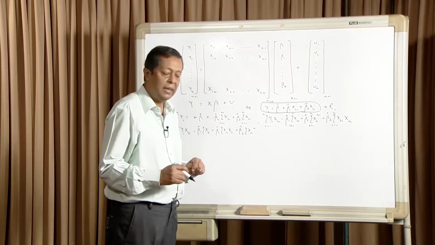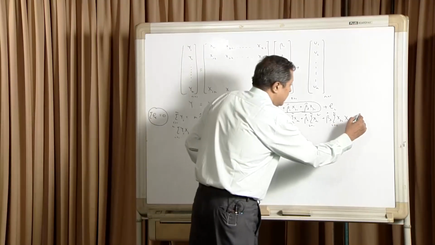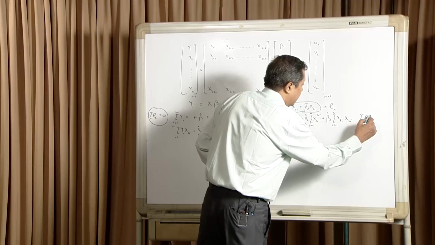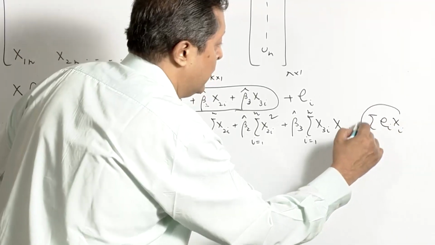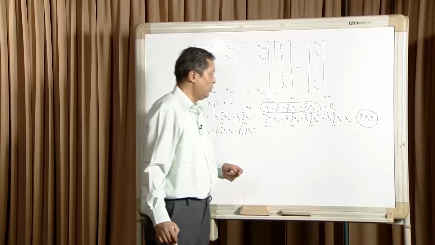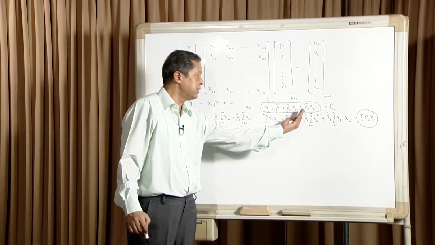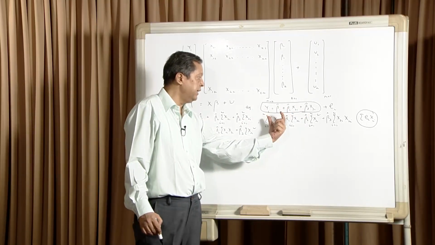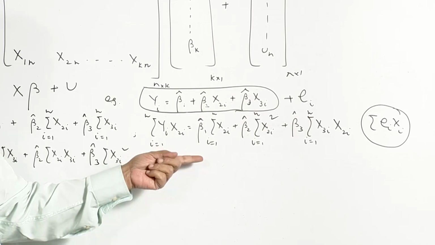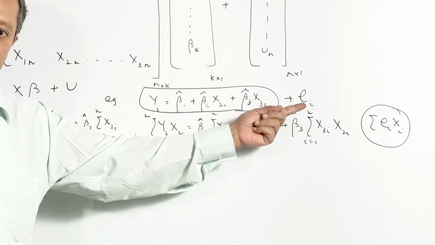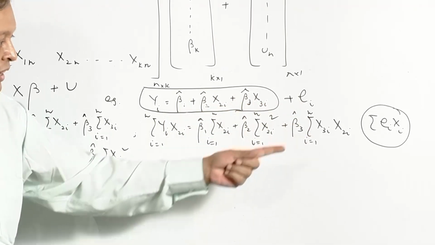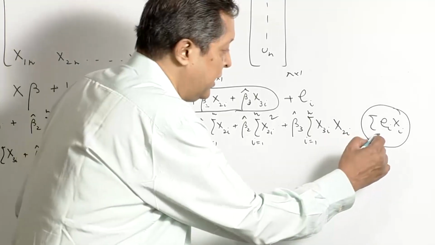What does the second one mean? It again means that the error e i is not correlated with x 2 i. What we are doing is y minus the first part on the right hand side, and then multiplying by x 2. That means we are multiplying e with x 2, so summation e i x 2 i is equal to 0.